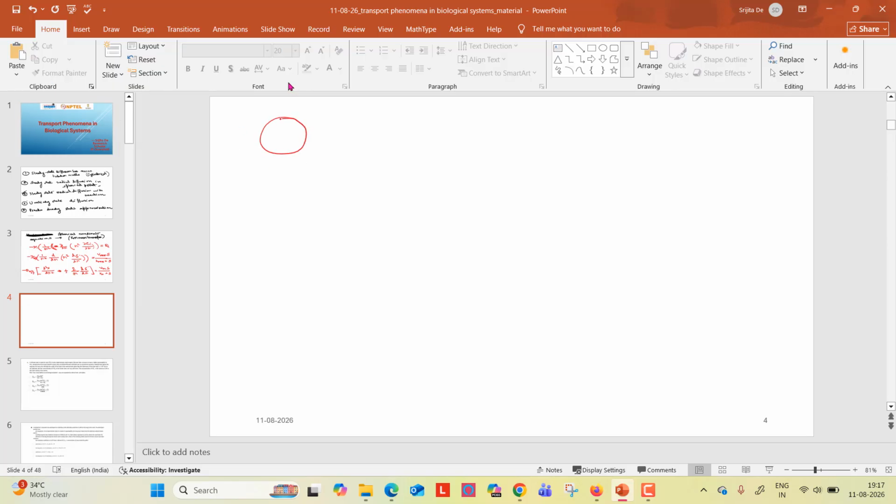At r equals 0, that means at the middle, there is no change of concentration. So dS/dr will be 0, right? And at r equals R, suppose this pellet radius is R, the substrate concentration is 0.